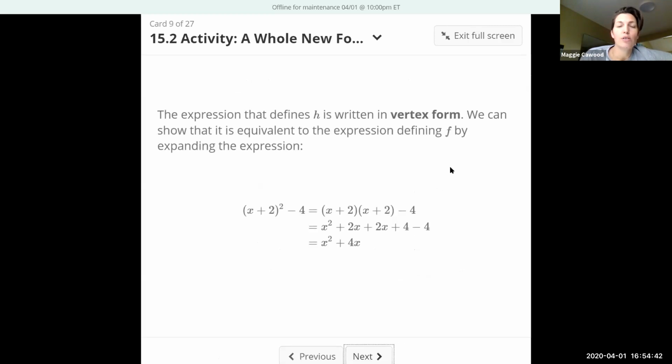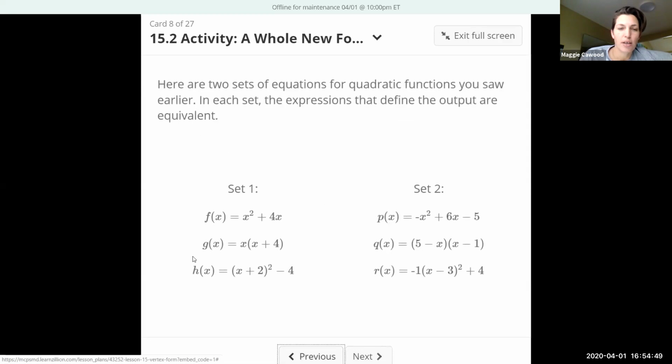The expression that defines h is written in vertex form. So let's see, I'm going to go back a second. Okay, so h is written in vertex form. We had standard form here, f is standard, g is factored form, and h, this one is called vertex form. We're going to explore that today.